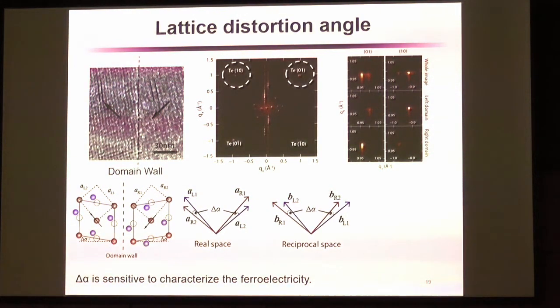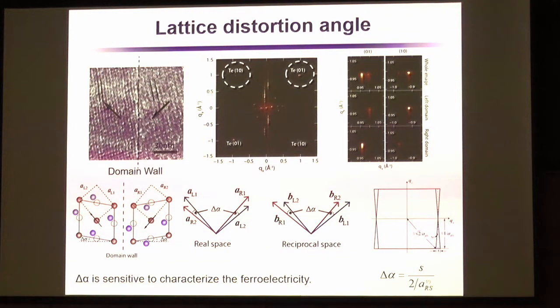From the Fourier transform images, we can easily calculate delta alpha at different temperatures. Because this is just a relative quantity, the length scales cancel each other, so we don't have to calibrate our STM at different temperatures. This is quite easy for us.